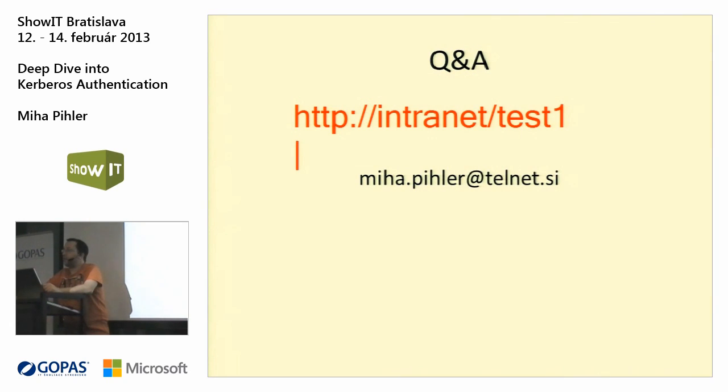KDC, domain controller, is checking all the time. Domain controller does. Actually, I'm not sure. I would have to check that. In general, the server will check if I send the correct values.